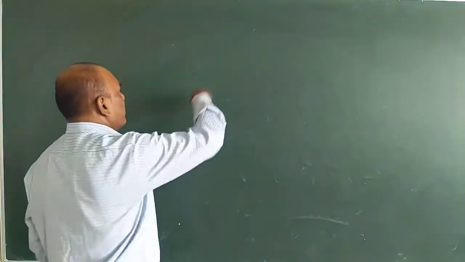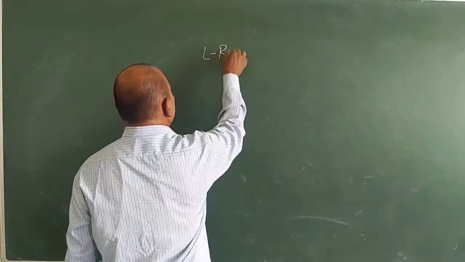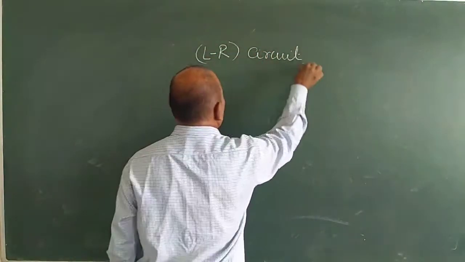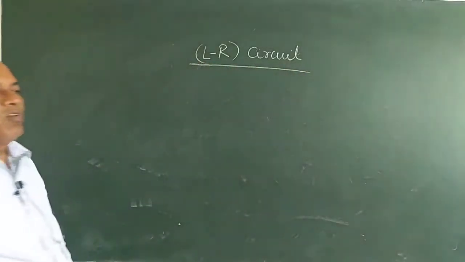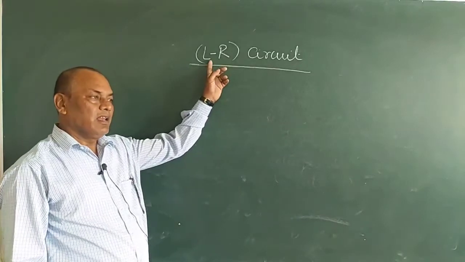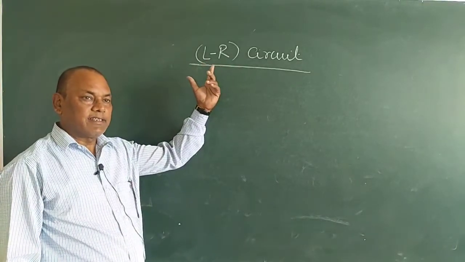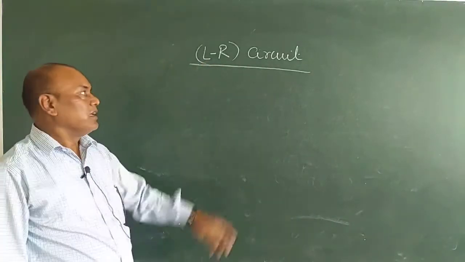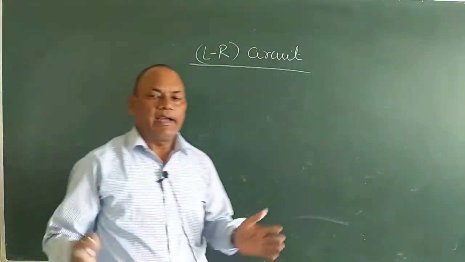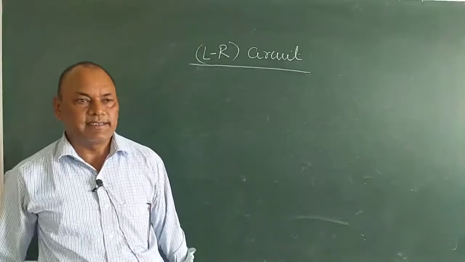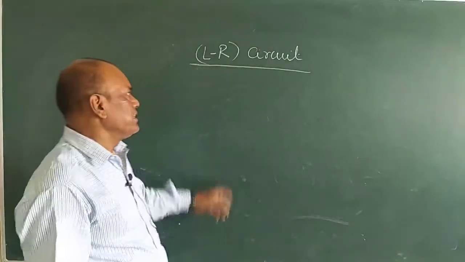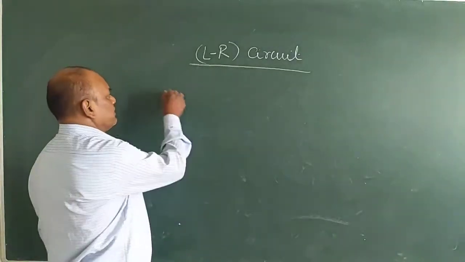So, LR circuit. Now what is called an LR circuit? Here L is the inductive element, that is called a coil, and this is resistance. When a coil and resistance are connected in series and this combination is connected to the AC mains, then it is known as an LR circuit.